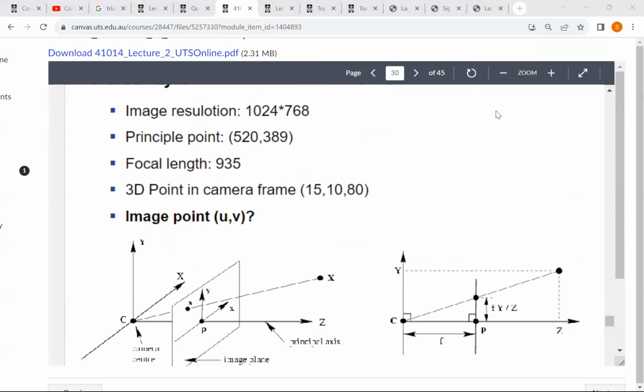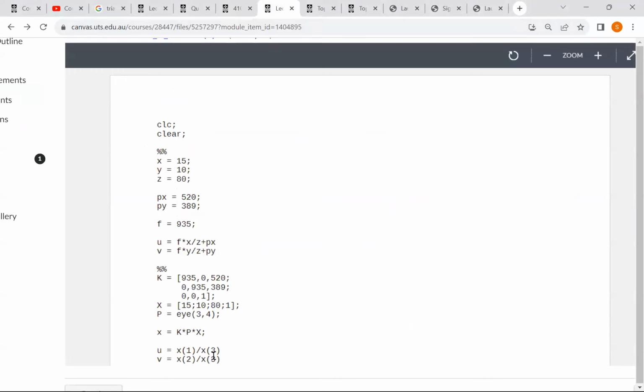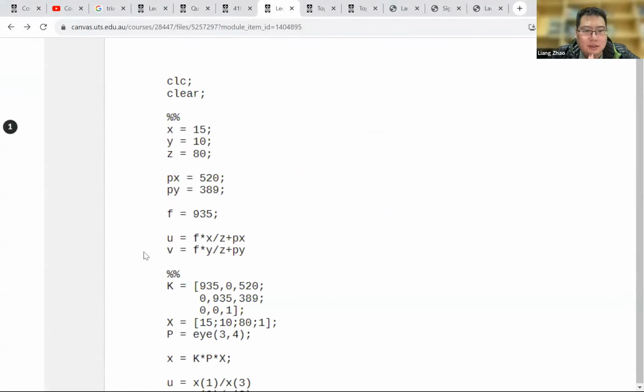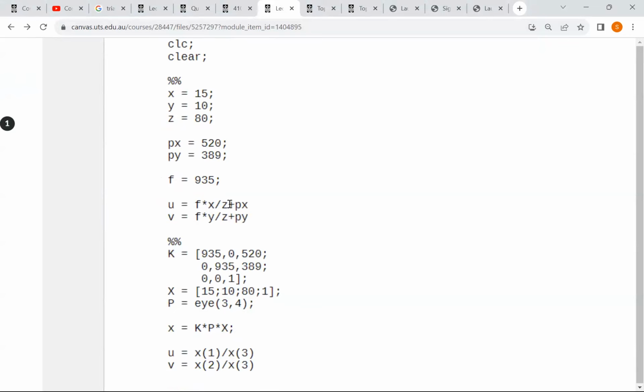Then I had a look at the quick MATLAB solution to it. I'm just confused on how you get to this section here, where U and V are equal to F times X over Z plus PX and so on.